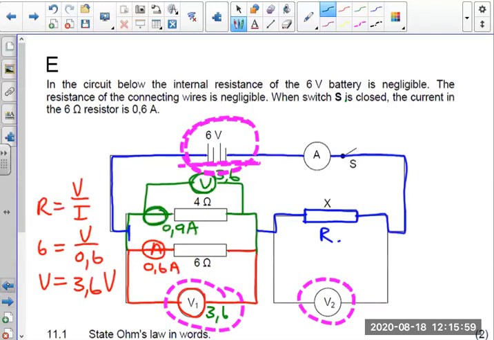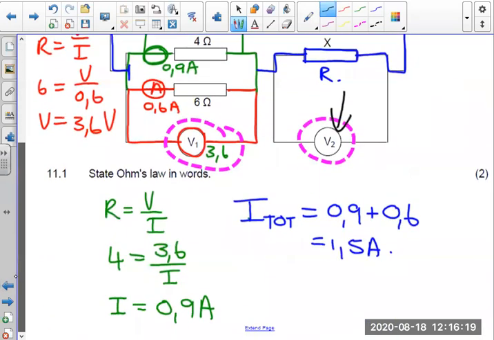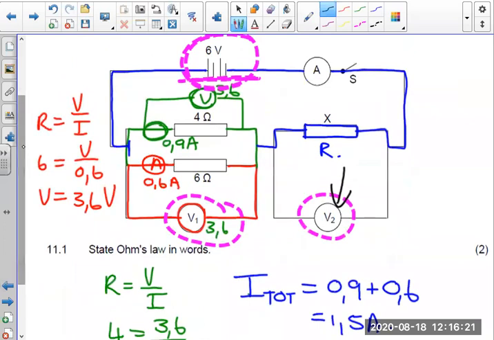So that R. But they want us to determine the total resistance in R. So now we have this reading. We know what is the total current, because we worked it out in the previous one. It was the 0.9 plus the 0.6, and if you look at that, we got an answer of 1.5 there.